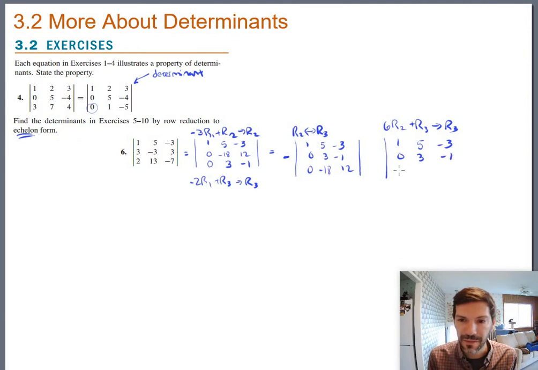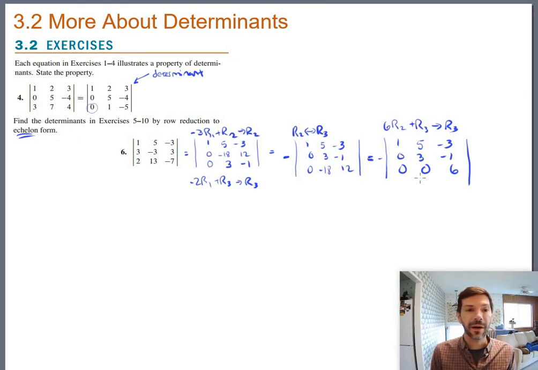Okay, so that becomes 0, 0. 6 of that, so negative 6 plus 12 is 6. And I'm going to preserve the negative sign that's outside. Okay, now I'm in echelon form. There's zeros below the main diagonal.